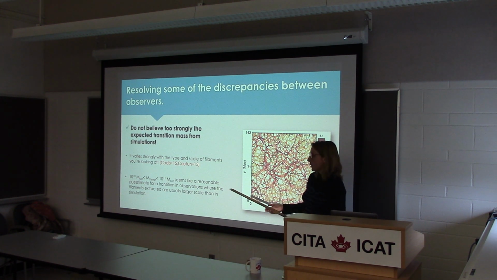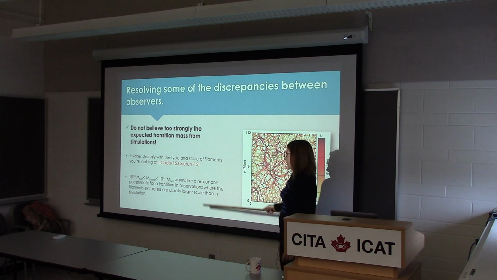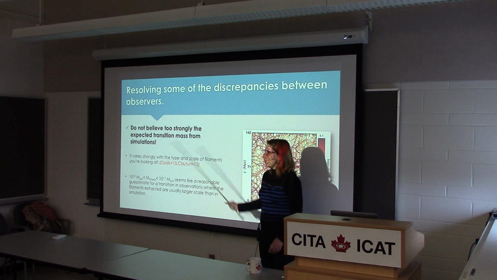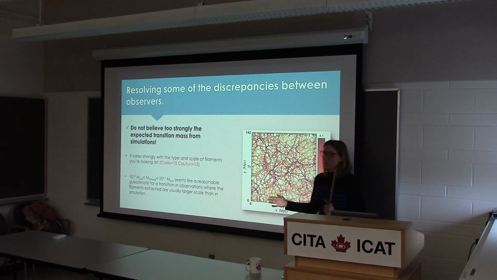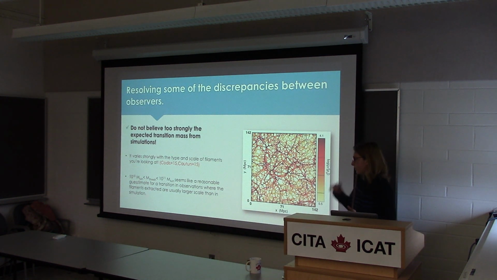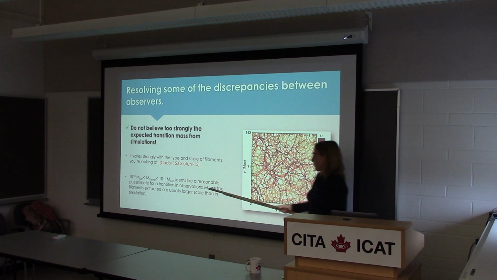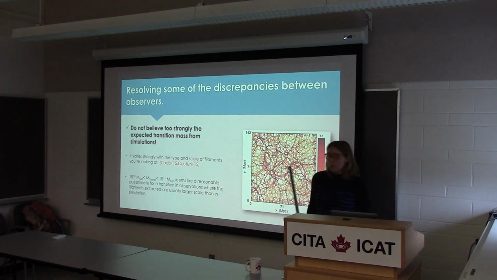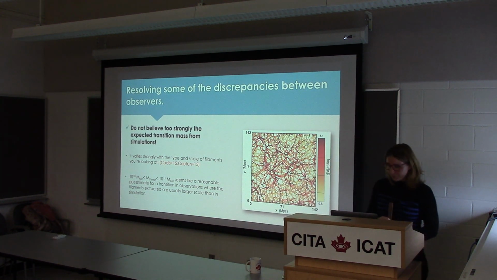Usually the filaments extracted from spectroscopic surveys range from 5 to 20 megaparsec in length, depending on how complete and how dense your sample is and how far in redshift you look. That basically means that you have a lot of latitude to choose different parameters, to choose different scales, and your mass threshold will be very unconstrained.